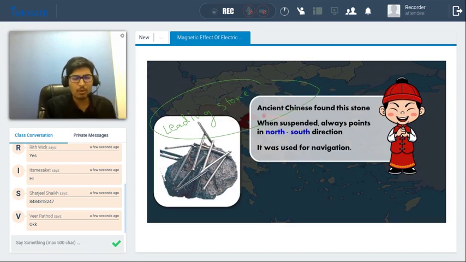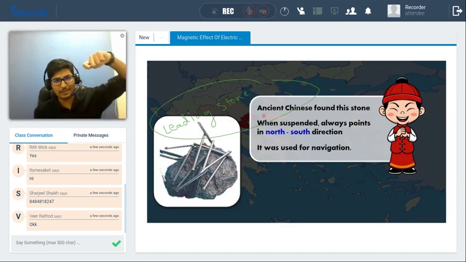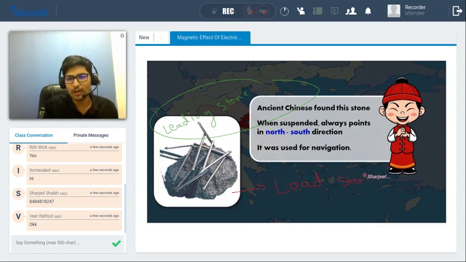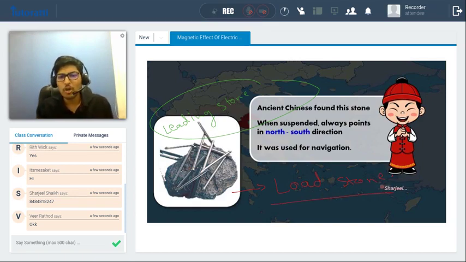Because we know the basic property: if you tie it up and freely suspend it, it will always point in the north direction. So this stone was leading them in a direction. But over a period of time, this name got corrupted, and in today's world, this stone is called the lodestone.